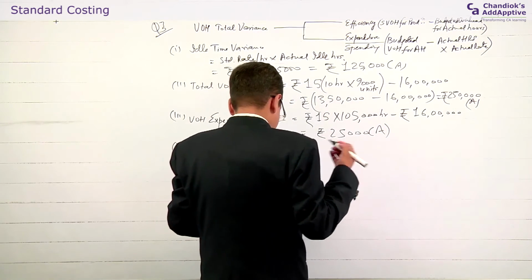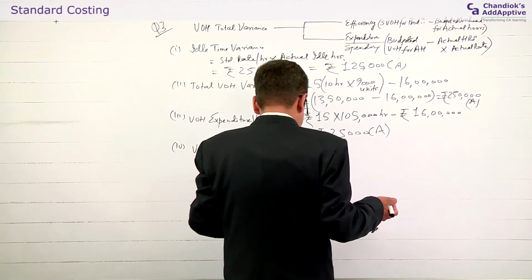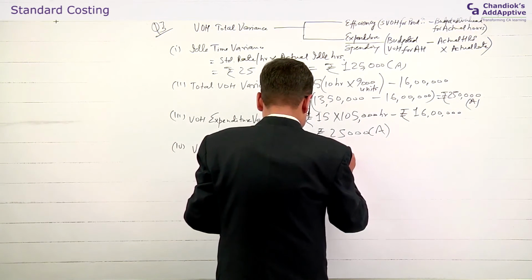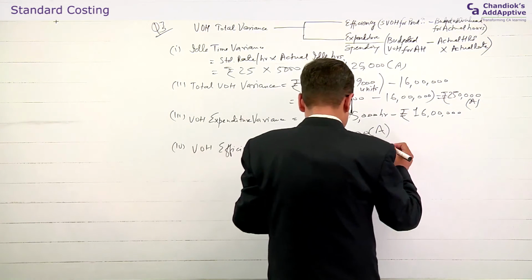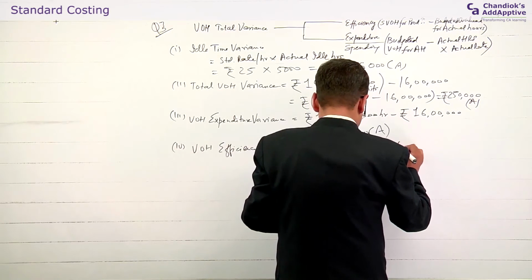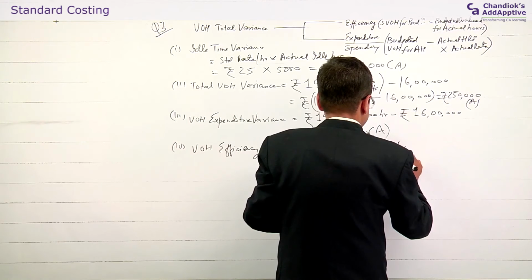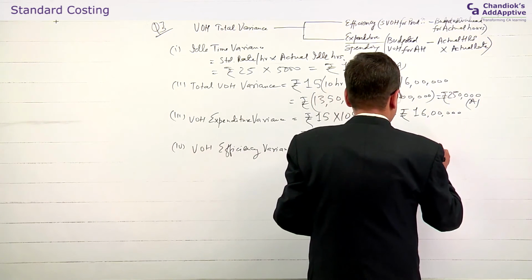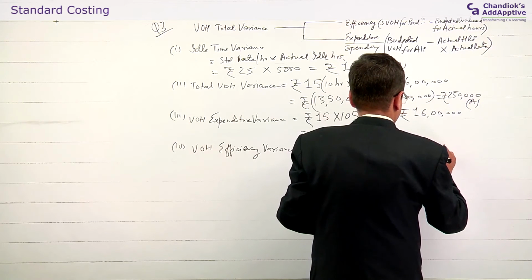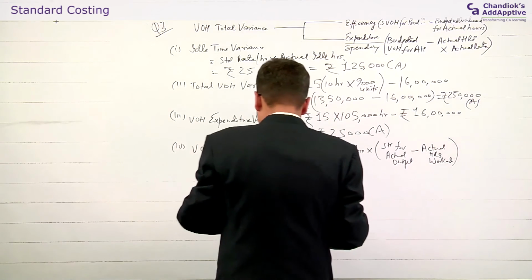I can create one more formula and say standard rate per hour multiplied with standard hour for actual output minus actual hours worked.